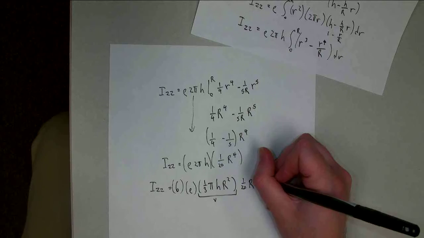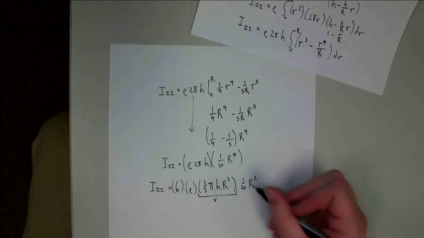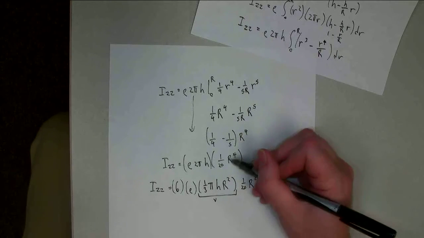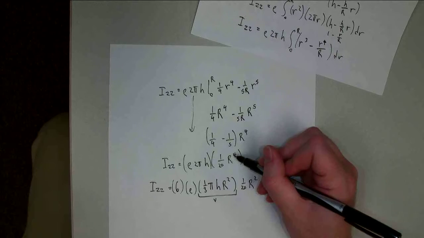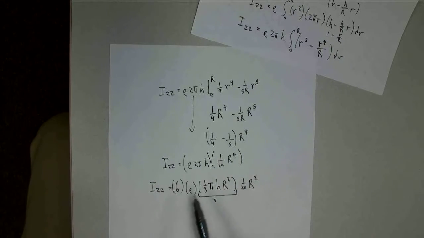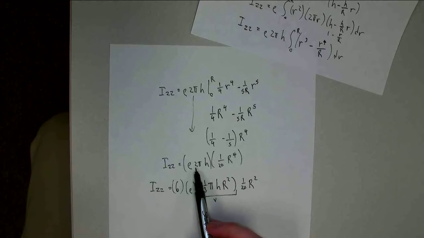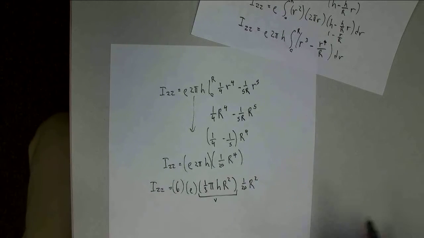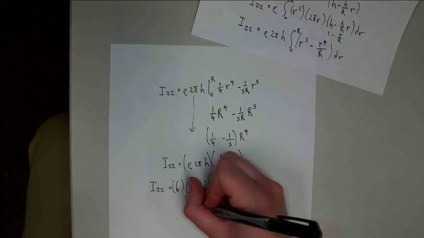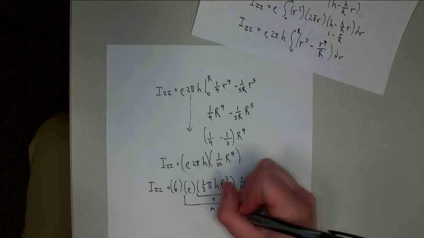I've taken two R squared pieces from this, and I had the original 2 in here, and so I split 2 into 6 times 1/3. 6 times 1/3 is going to give me 2. This is the volume, density times volume. This is just the mass.